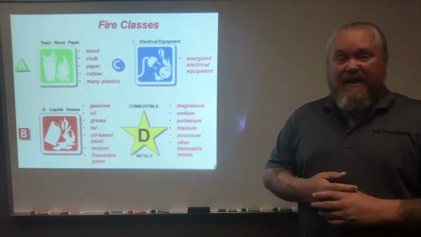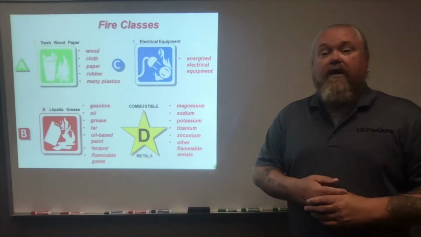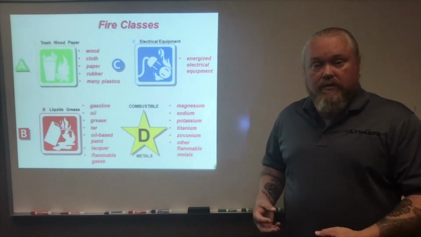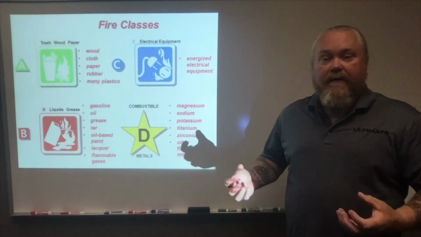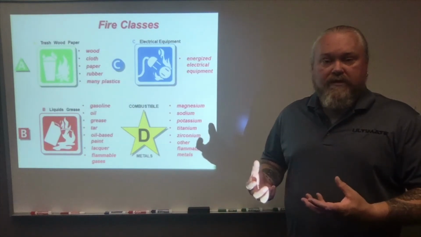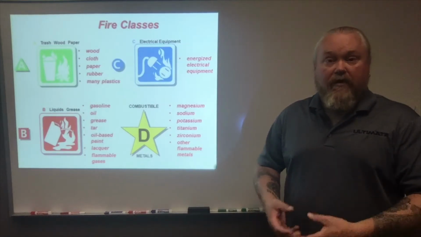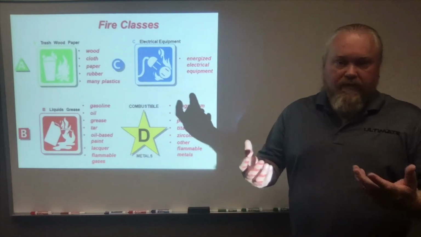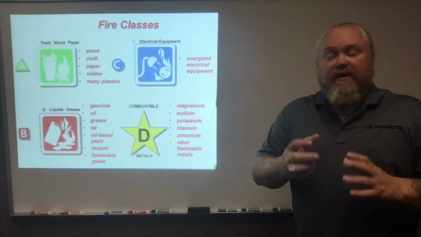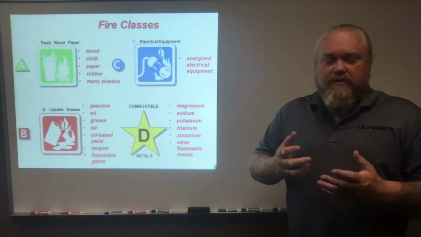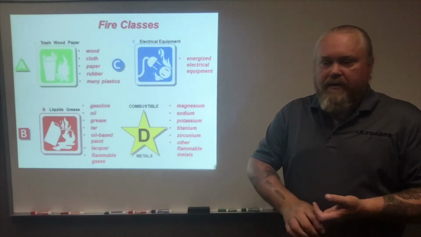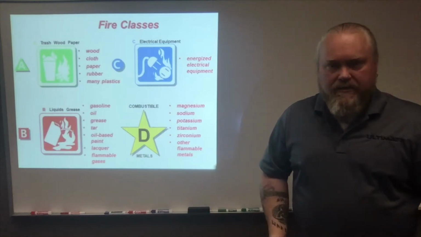Now Class B extinguishers, these are flammable vapor fires. These come from a liquid source that the vapors have been able to escape from, liquids that have heated up enough to start off-gassing, get exposed to a heat source, have enough oxygen, and then the flame exists. B fires are more than likely going to be your fuels, your paint thinners, oils and greases, things of that nature.